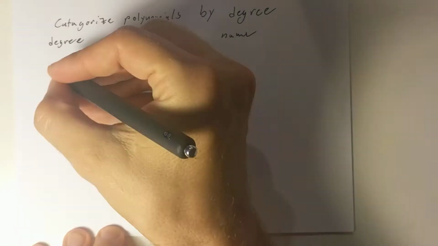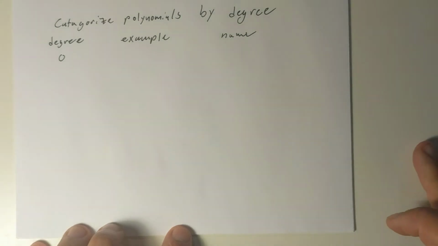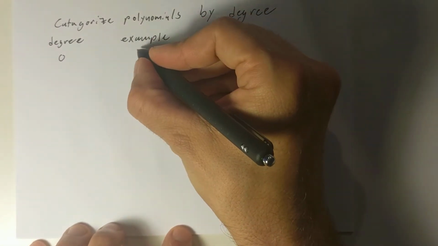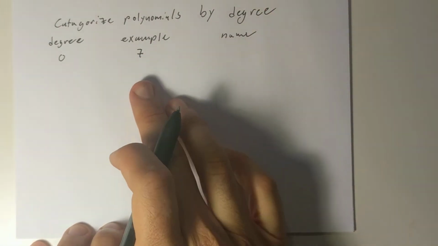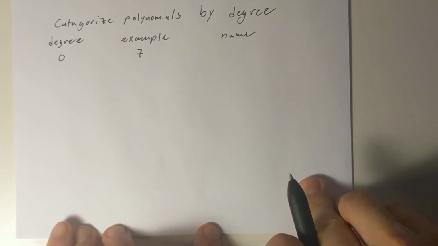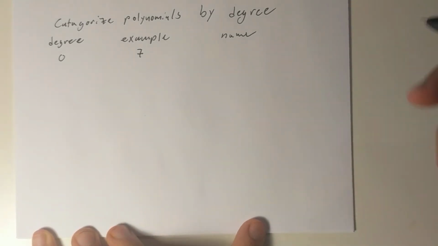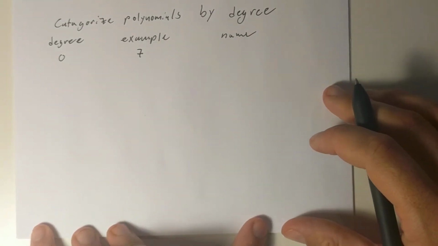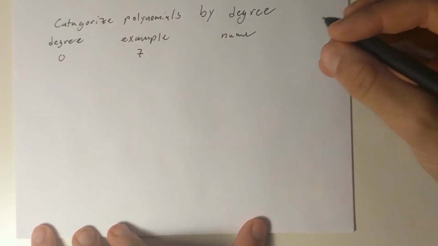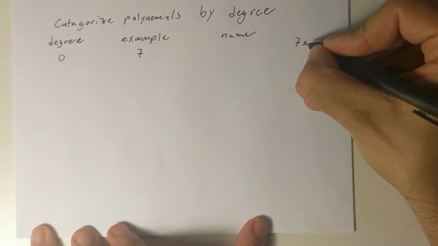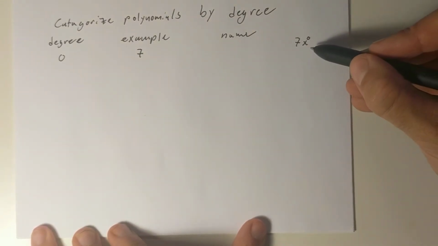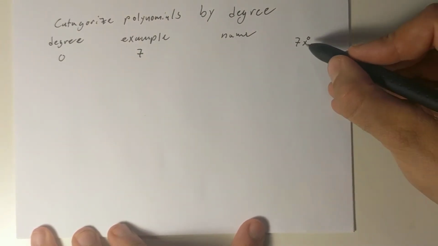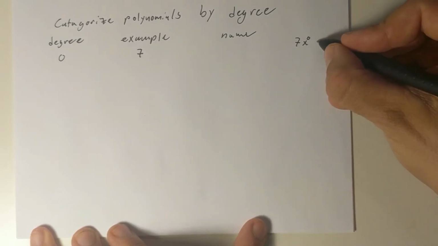So what if it is a 0 degree? The example would actually be just a simple number, 7. The reason that 7 would be an example of a degree 0 is that if I wrote 7x to the 0, hence the degree, or the exponent of x, is 0, anything to the 0 power is always just 1.